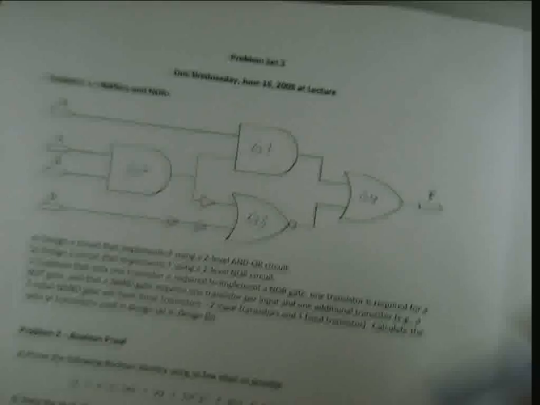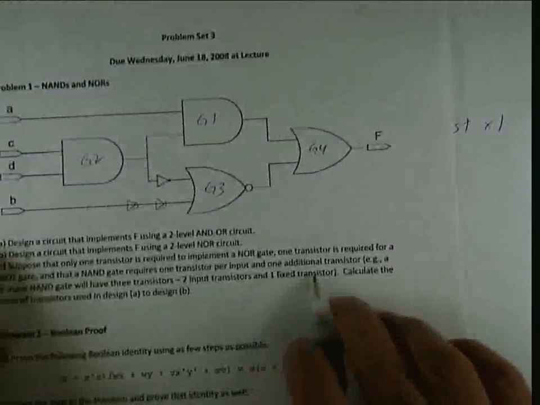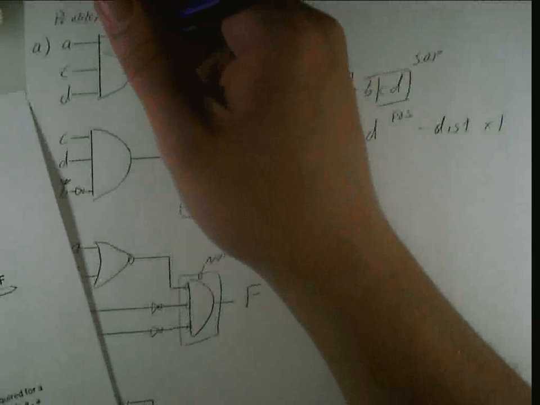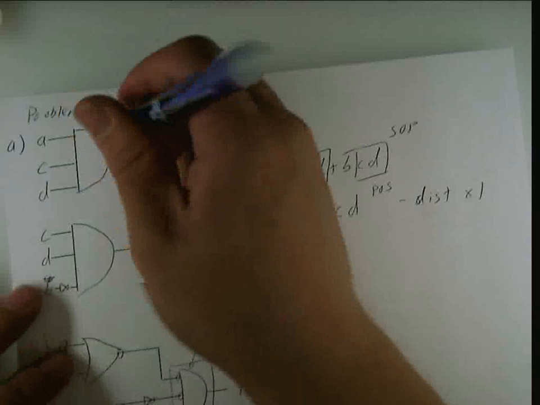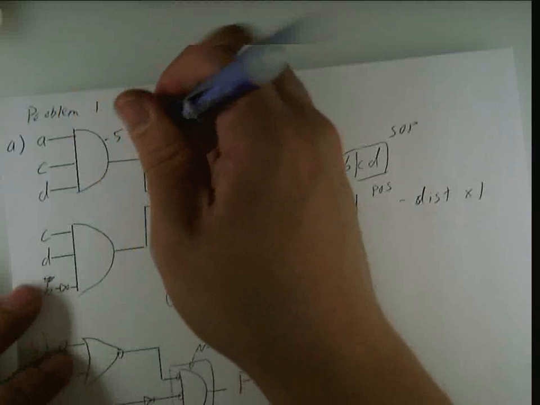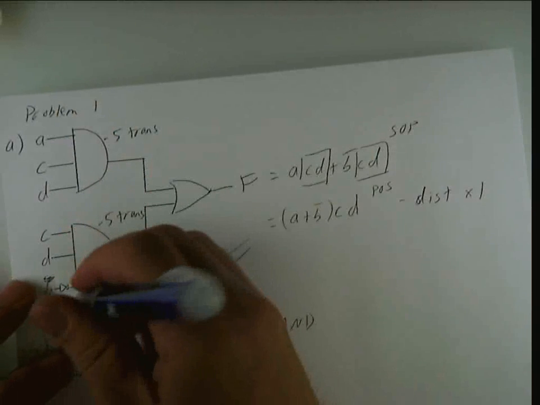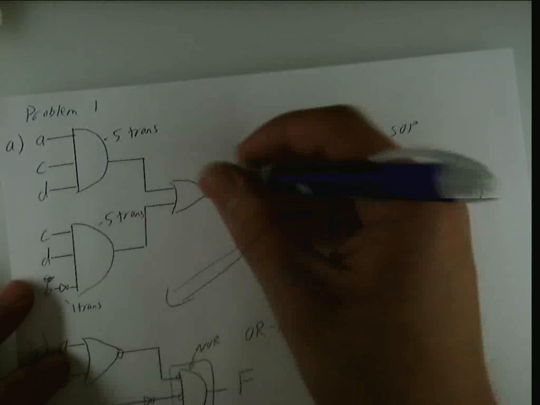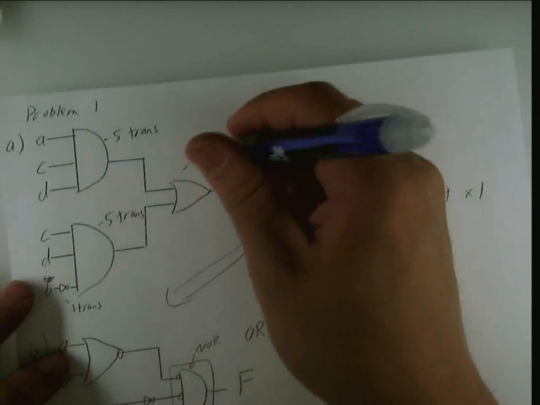What we learned is a NAND gate requires one transistor per input, so that's going to be 3, plus one additional transistor, so that's 4, and then we need a NOT after this NAND to make that 5. So this is 5 transistors, 5 transistors, 1 transistor for the NOT, and this is going to be a NOR with a NOT afterwards, so this is 2 transistors.